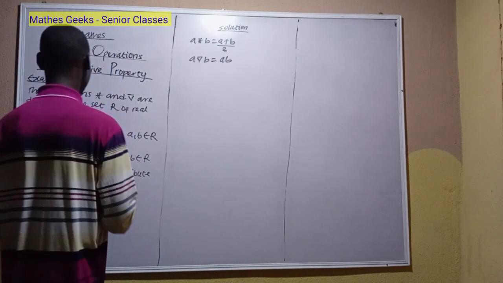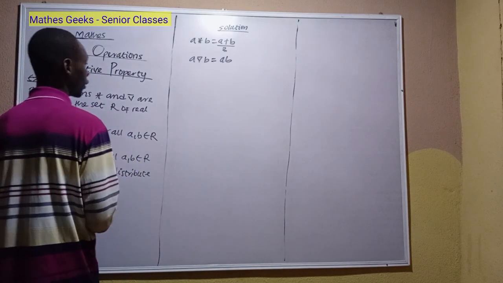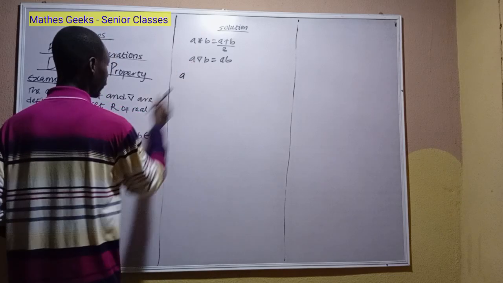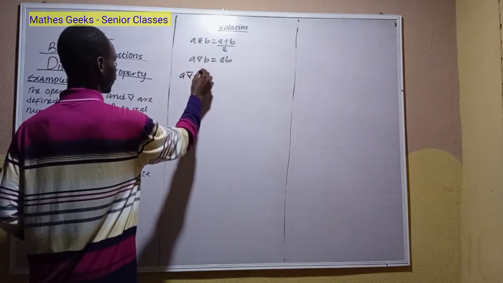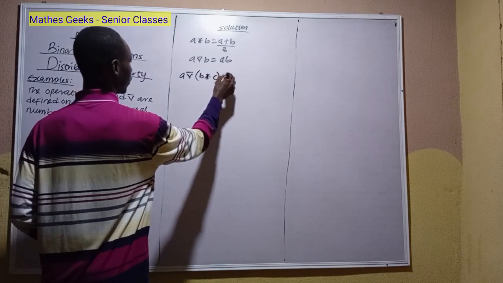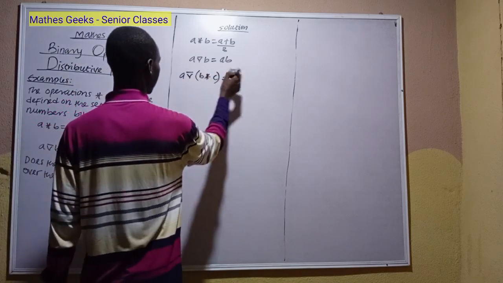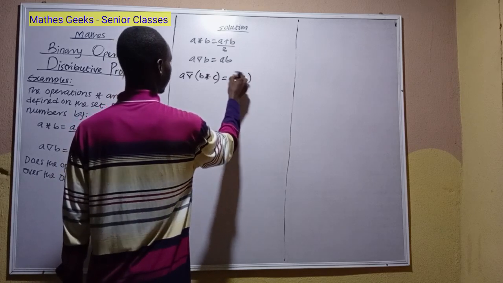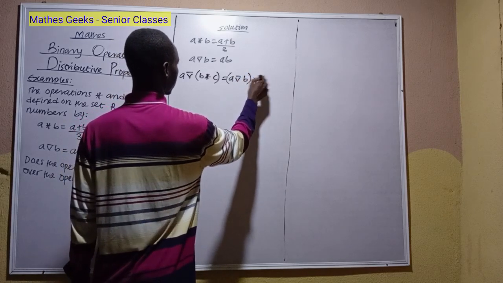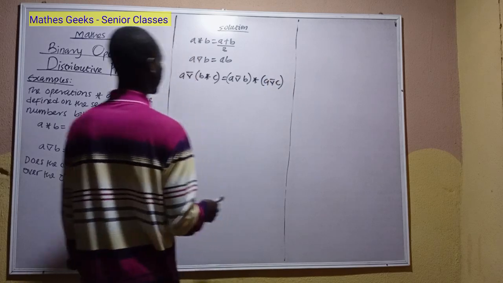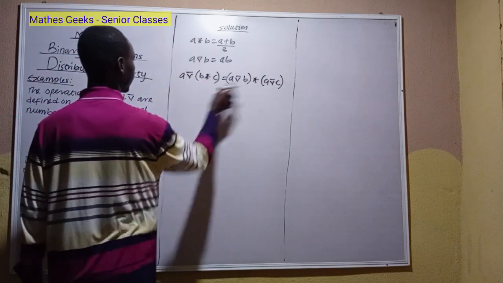If this operation will distribute over star, it means a ∇ (b star c), and for it to be distributive, it means that a ∇ b star a ∇ c. So let's see if this part is equal to this part.